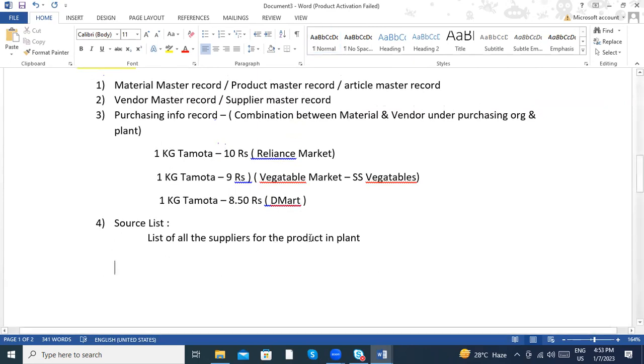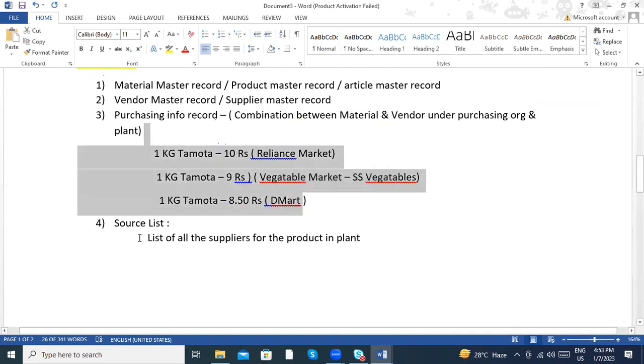That means if I have 3 vendors for the product tomato under this plant 1000, these are the vendors. So I maintain one record along with the entire list of vendors for the material.